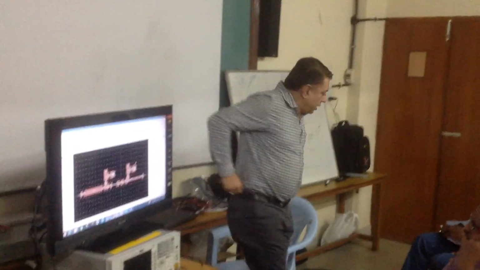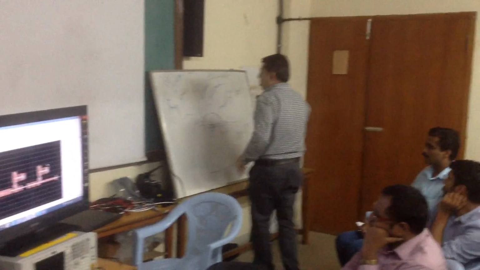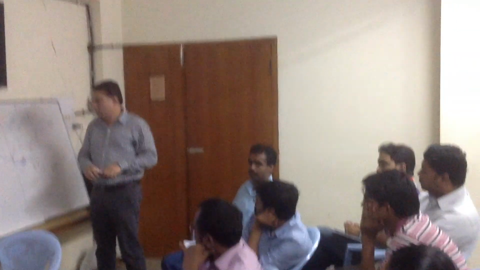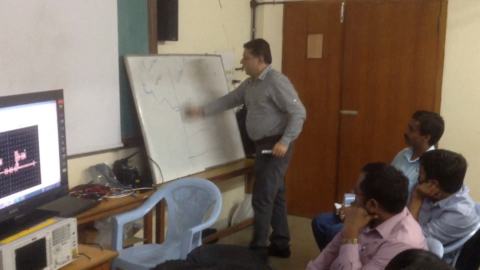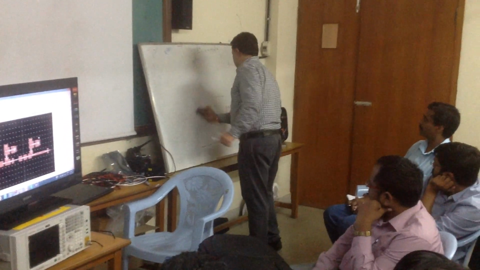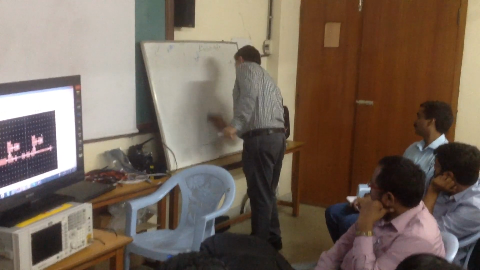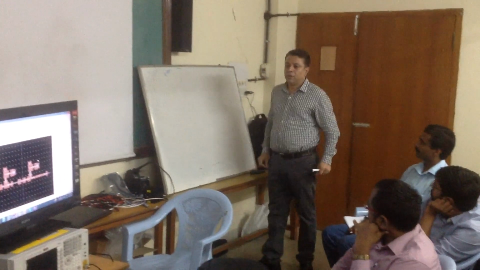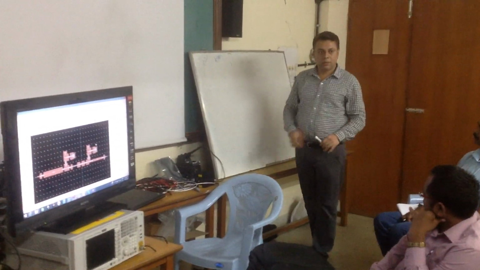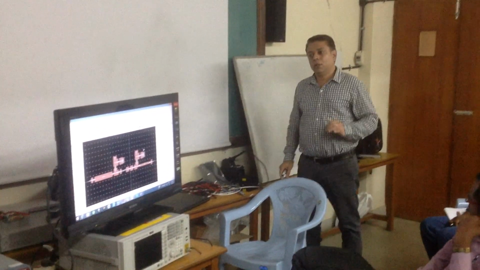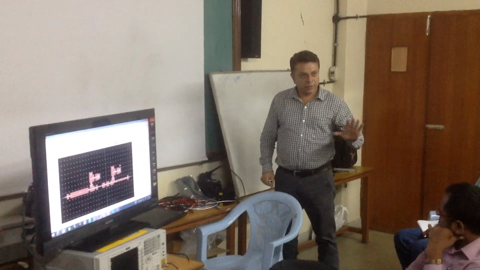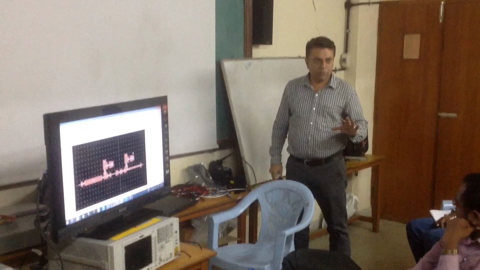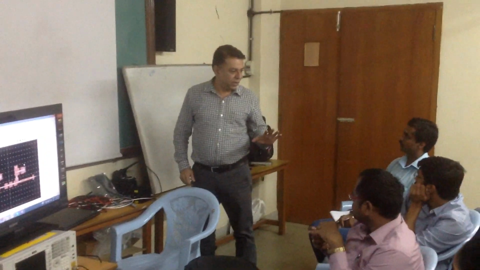Just one more point I would like to tell you. Broadband design, narrowband design. If you have that confusion, shall I do that part? Yeah. Okay. When you do this matching on a Smith chart, do you know you can control the bandwidth? Again, on the Smith chart itself, you can control the bandwidth during matching. Right.